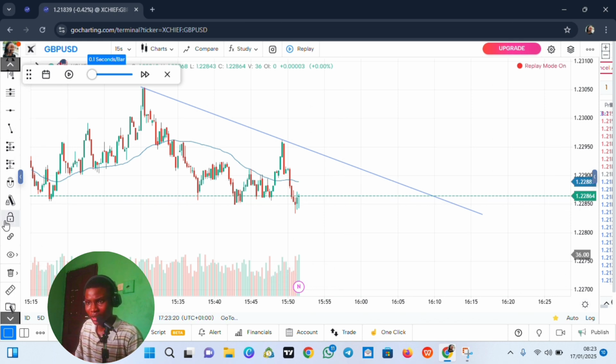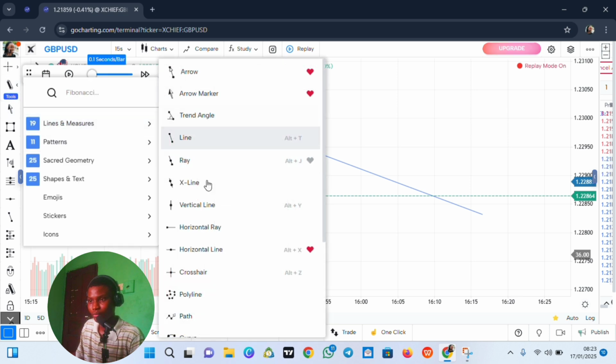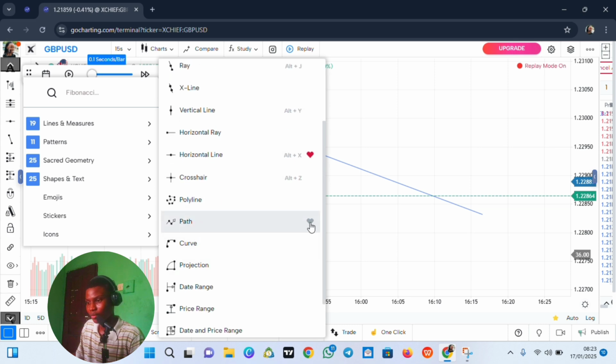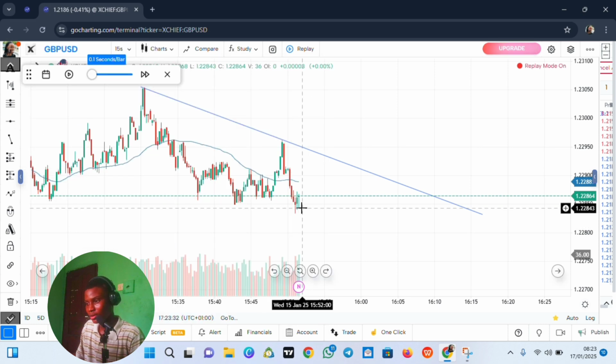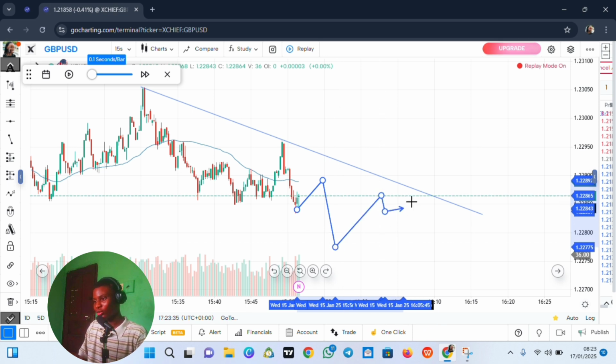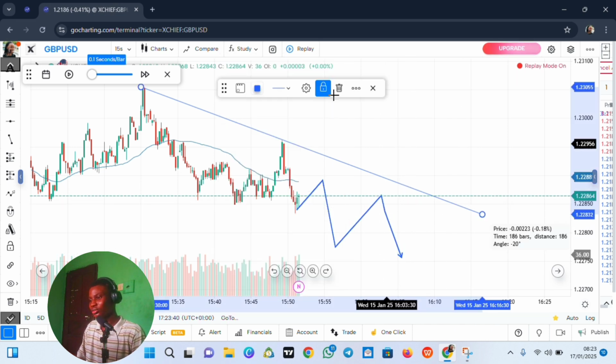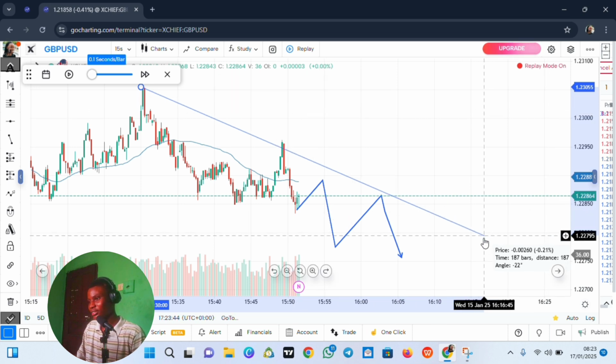Let me see if I have this pathway so I can explain what I'm talking about well. Alright. So for example, if price goes up, comes down, goes up, comes down, they'll tend to modify their trend line, like something like this.